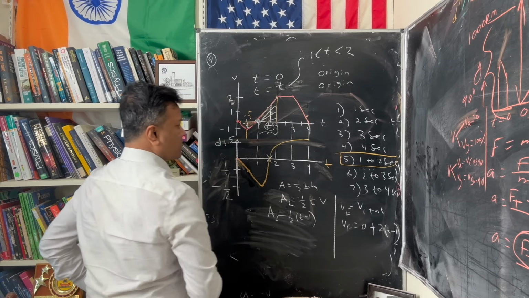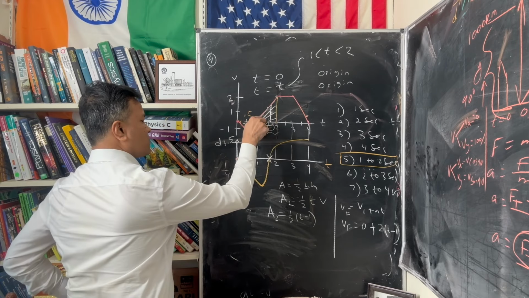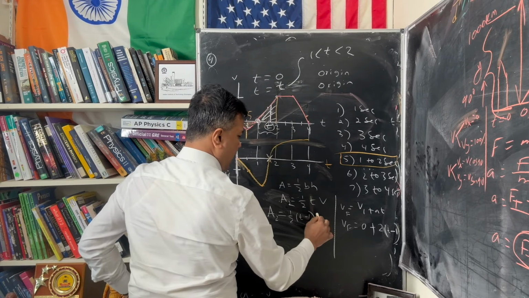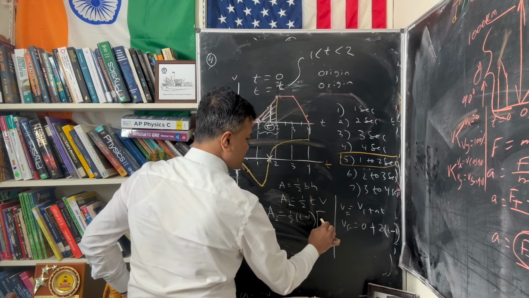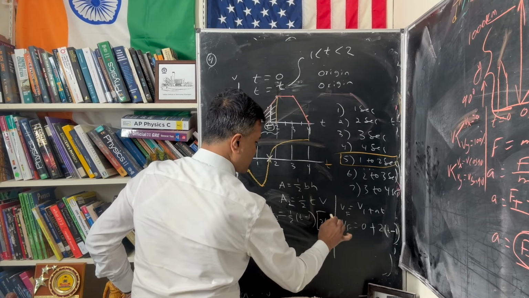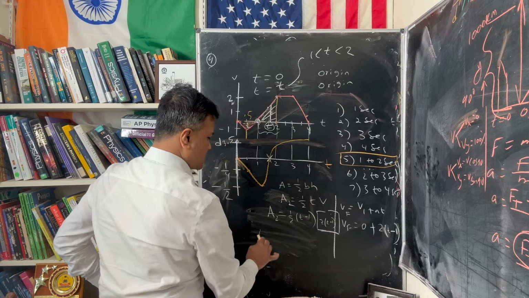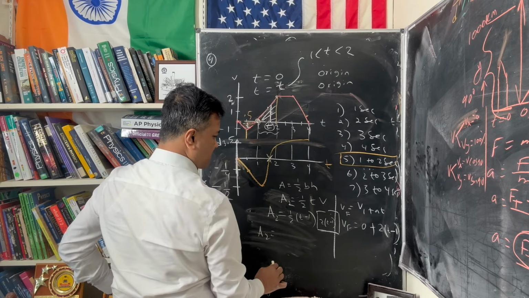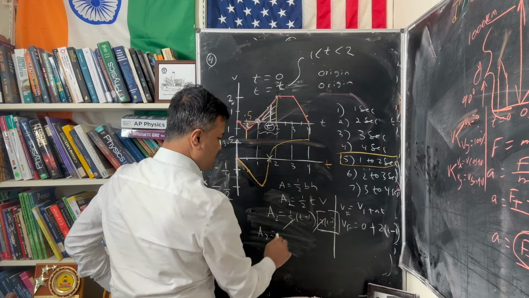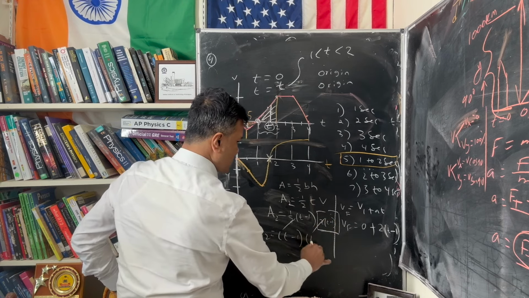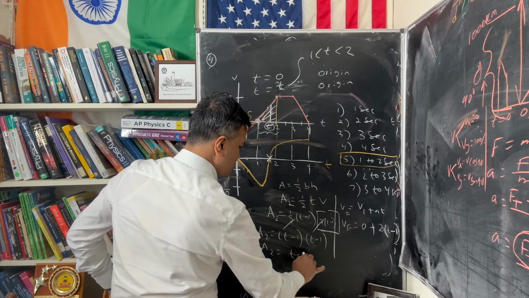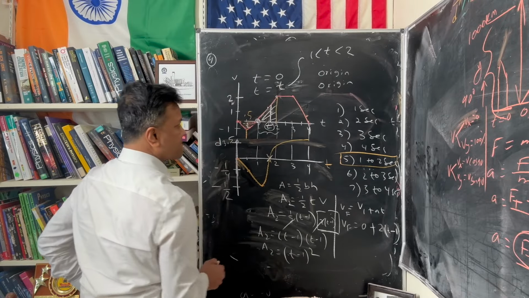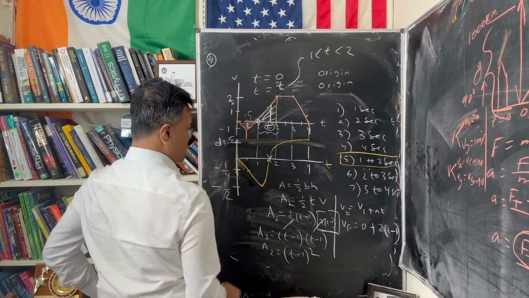Why t minus 1? Because you started from 1 second. And this is the slope. What is the slope? 2, times t minus 1. So area 2 is equal to, this 2 cancels, t minus 1 times t minus 1. So area 2 is equal to t minus 1 squared.